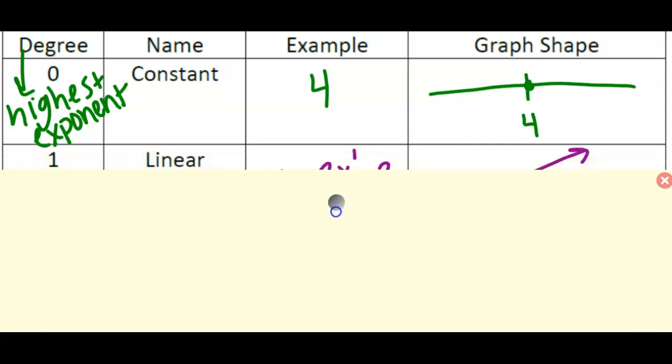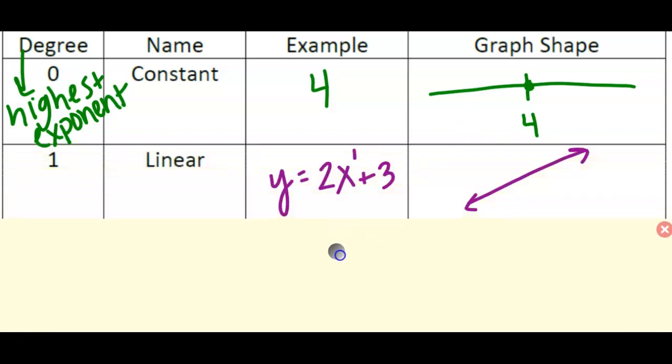If I'm looking at a linear polynomial, it makes a line, I've got y equals 2x plus 3. What's my degree here? Well, the exponent on my variable, it has to be on a variable, is 1. And so that makes a linear polynomial, okay? And it makes a line.